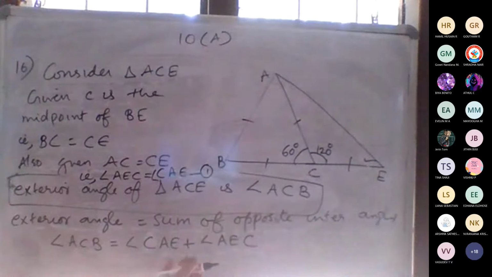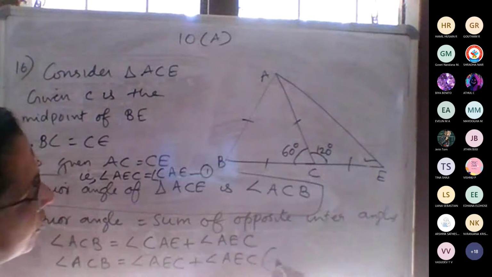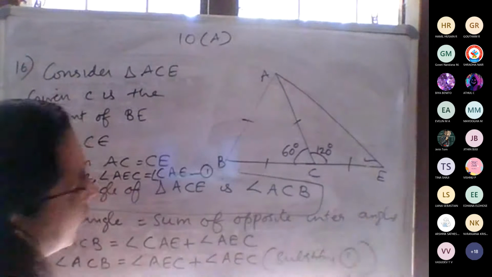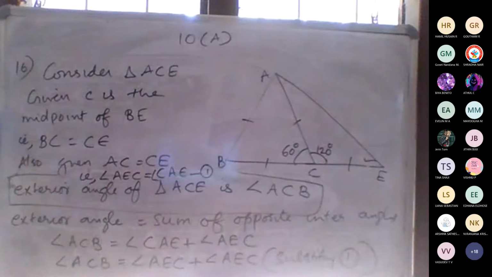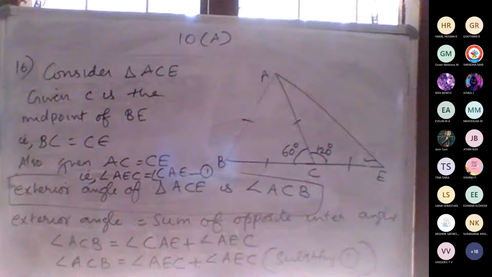So substituting equation number 1 in this, we will get angle ACB is equal to angle AEC plus angle AEC, instead of CAE we can write AEC, because we have to find out AEC. We are substituting equation number 1 here. Up to this clear, all of you? Got it? Any doubt?